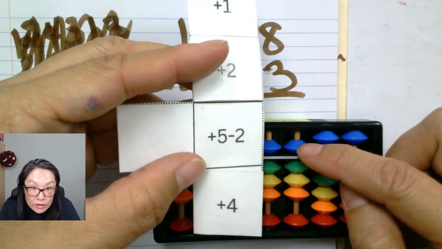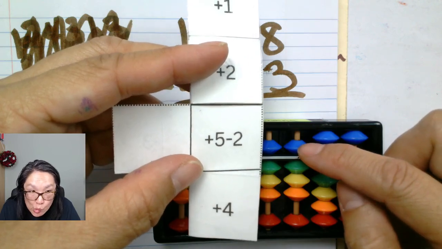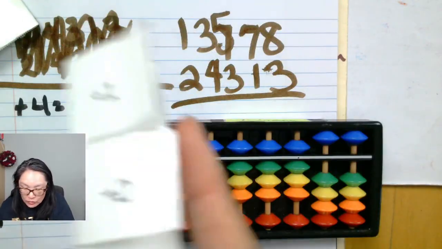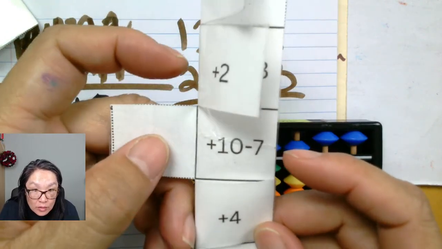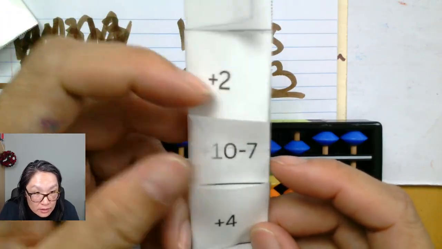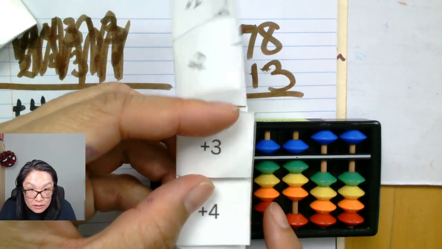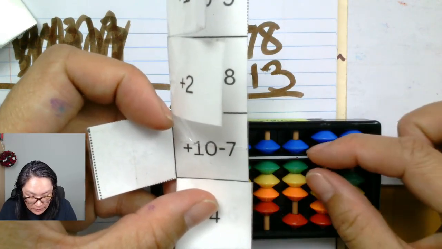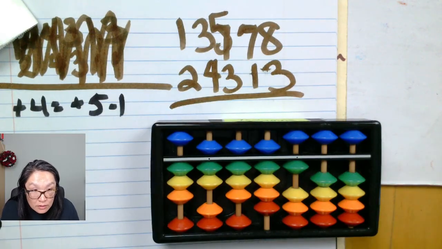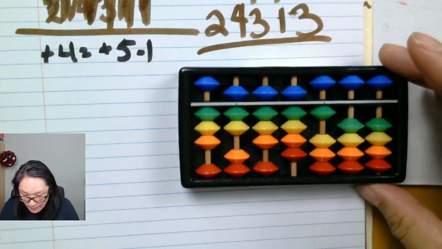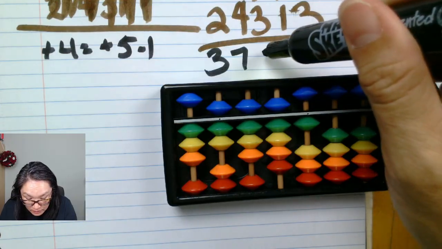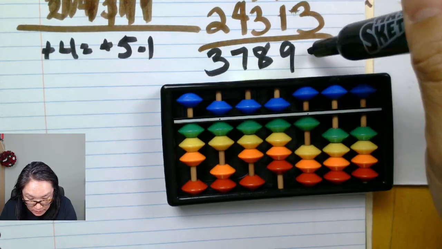No, we can't. We have to use this one: plus the 10 minus the 7. So what's my final answer? 37,891.